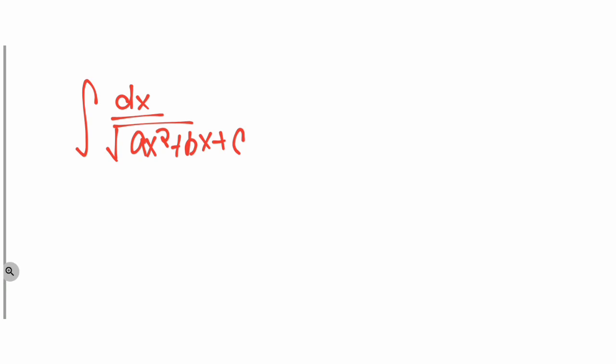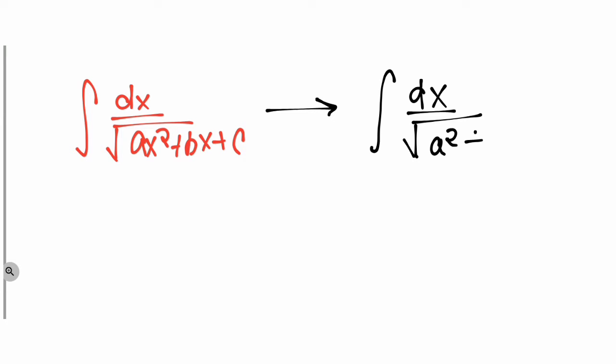Now let's have a look at this integration. We know the integration of dx by root under a square plus x square, and we are going to find the integration of this.